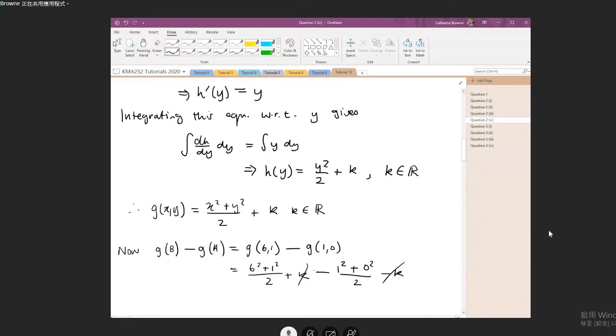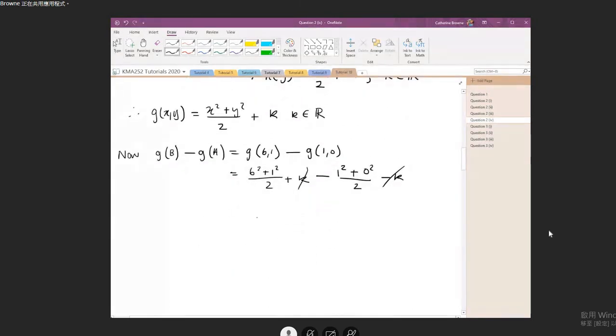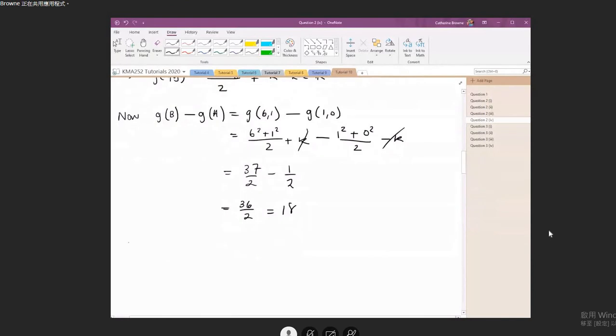So the k's cancel now. We get 37 on 2 minus 1 on 2. So we get 36 on 2, which is equal to 18, which is the same answer as we got for parts 1 to 3. So this confirms our answer.